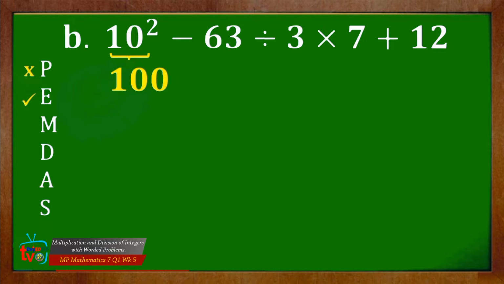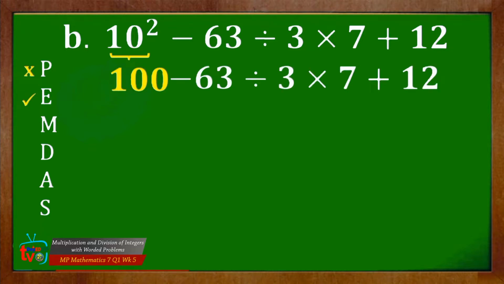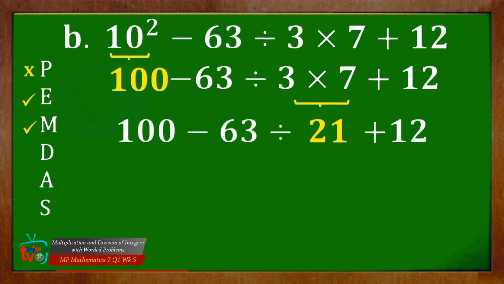And then, copy the remaining operations and numbers. And then proceed to multiplication. Do we have? Yes. 3 times 7 equals 21. And then copy again the remaining parts. Then proceed to division. So 63 divided by 21 equals 3.